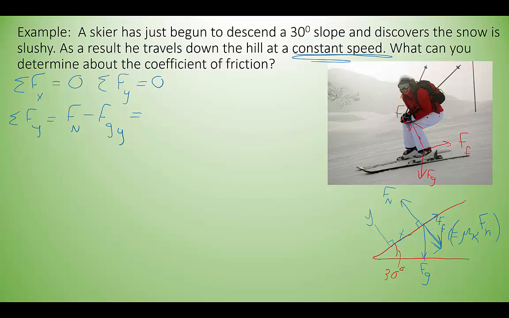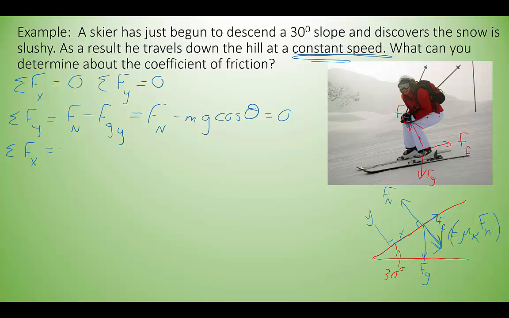That is normal force minus mg cosine theta, which, again, as we said before, is going to have to equal 0 because there's no acceleration. The sum of the forces in the x direction will be found similarly.